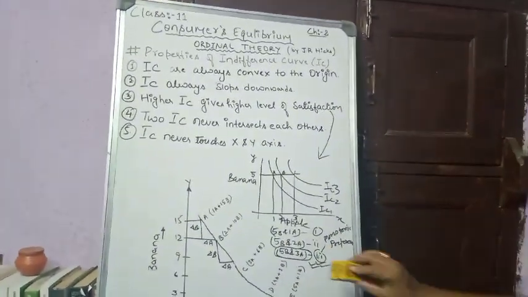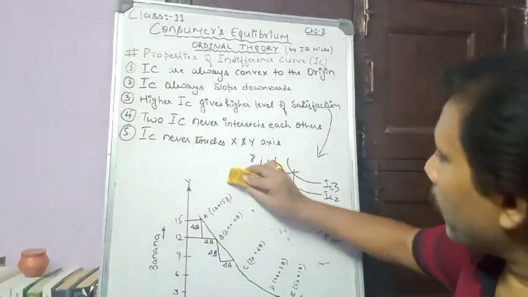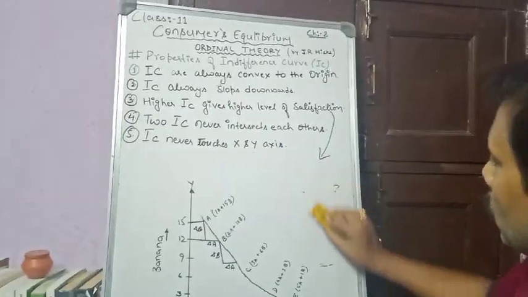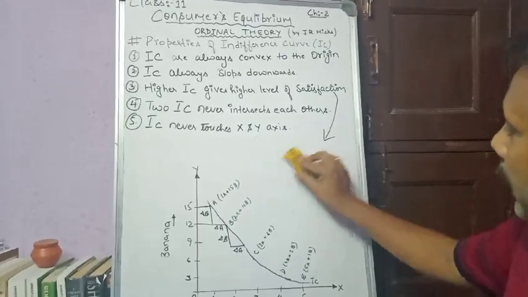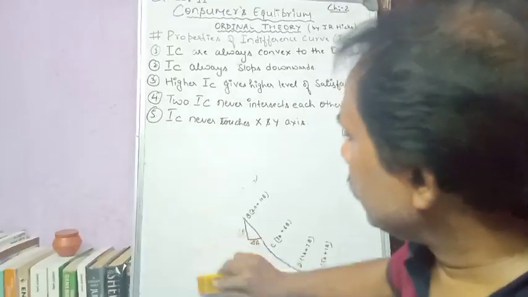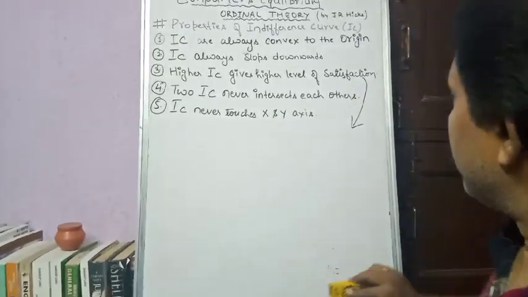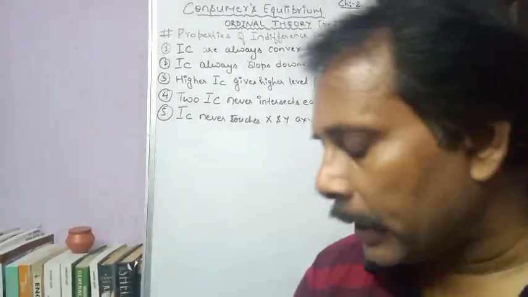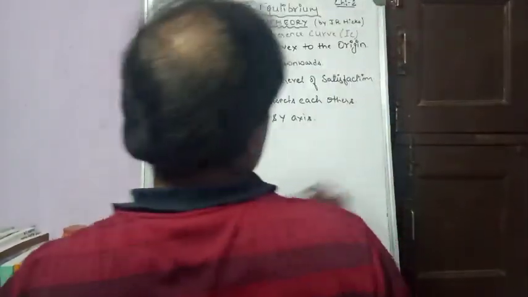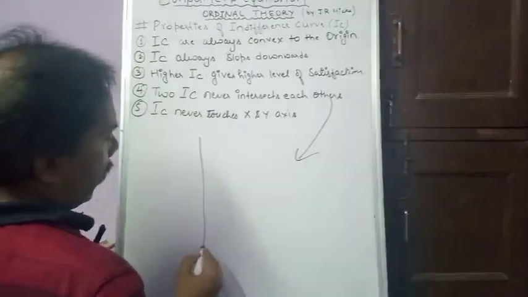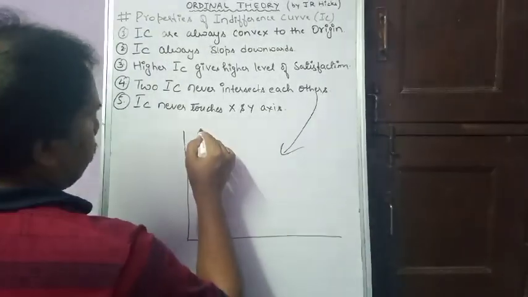Now come to the fourth property, and the fourth property says that two indifference curves never intersect each other. Look here, there are x and y axes.